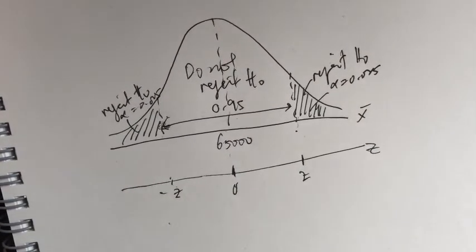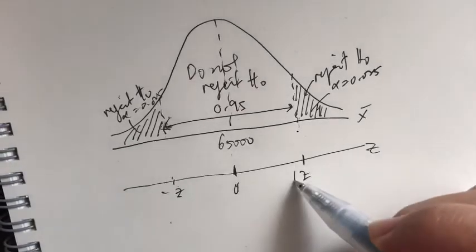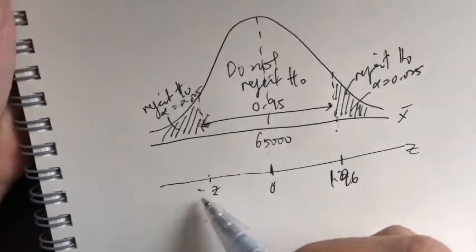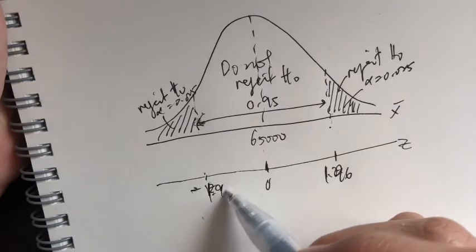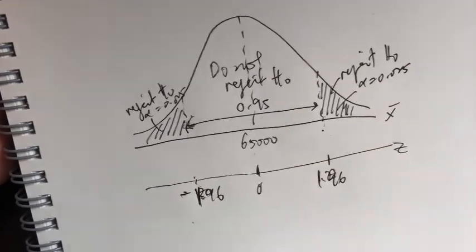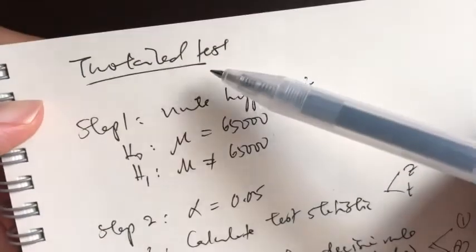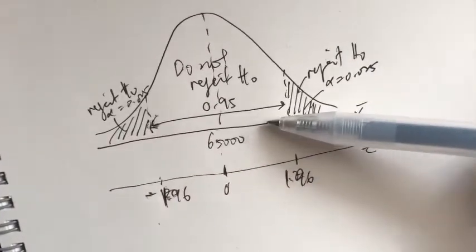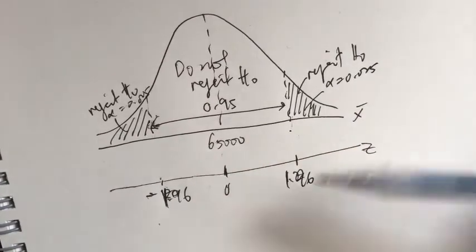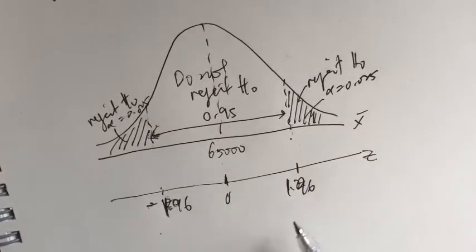Yes, 1.96. So here is 1.96 and here is minus 1.96. Remember, you can only use this shortcut if it's a two-tailed test. So here would be our critical values.